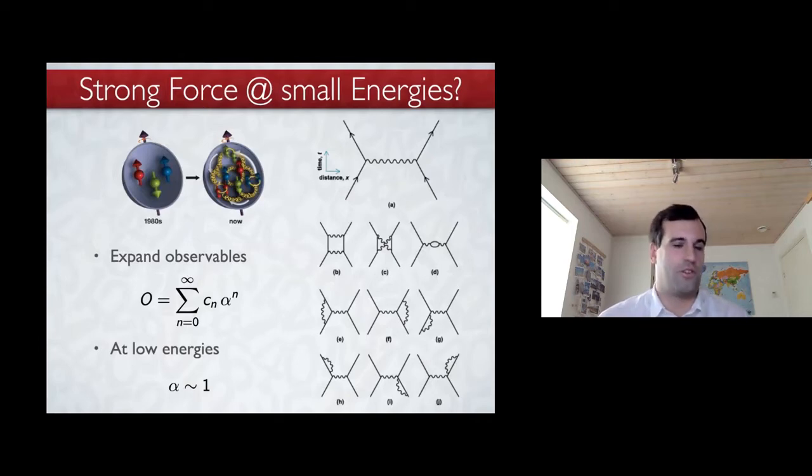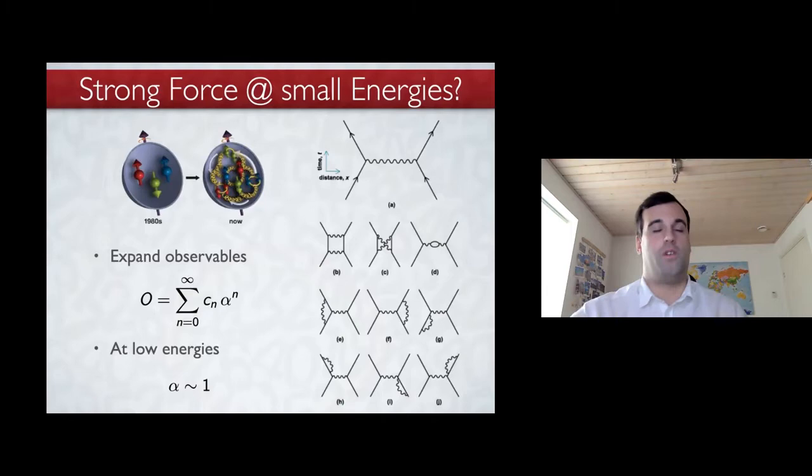Unfortunately, for the strong force, this expansion coefficient is of order 1. That means we would have to take this series to infinity, and infinitely many of these diagrams to compute. And this is in practice as well as theoretically impossible. So we have to work in different ways.